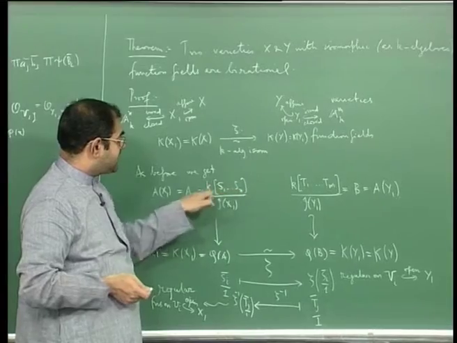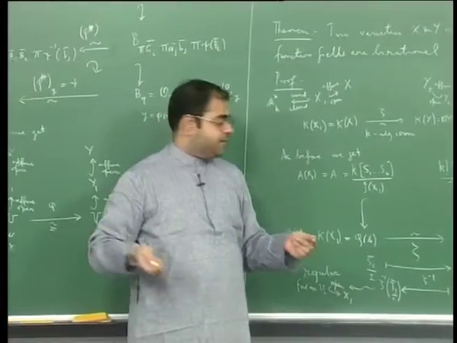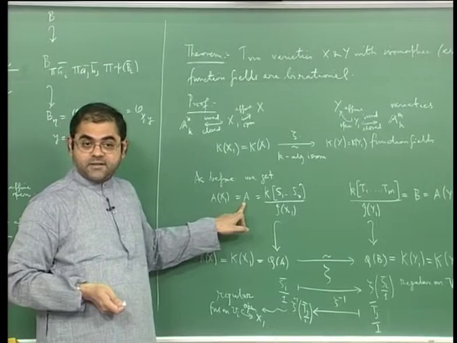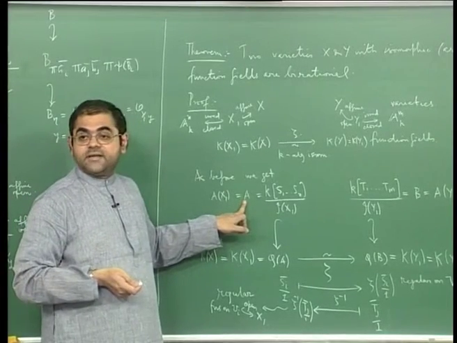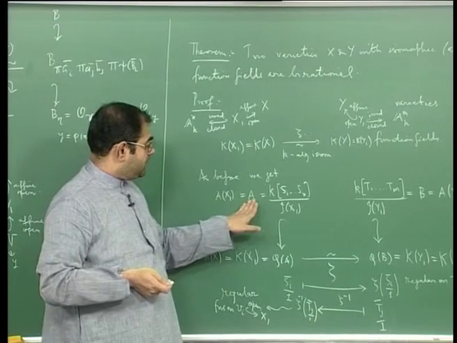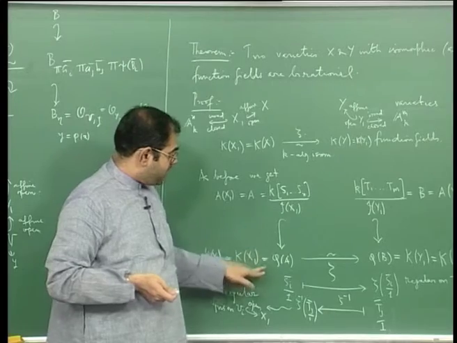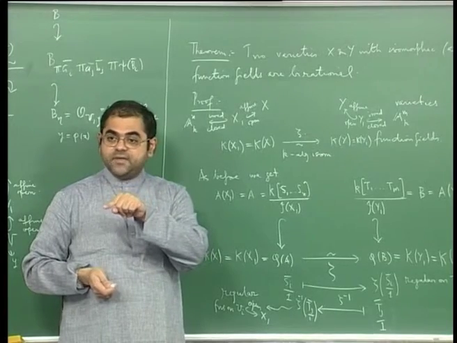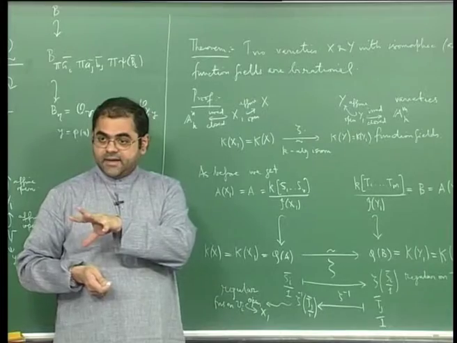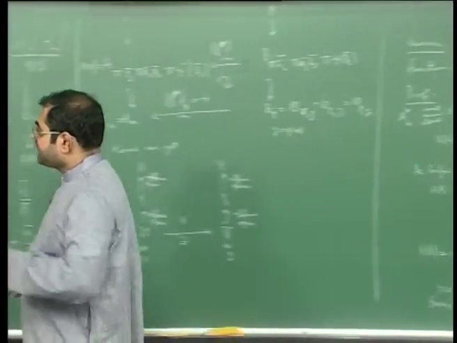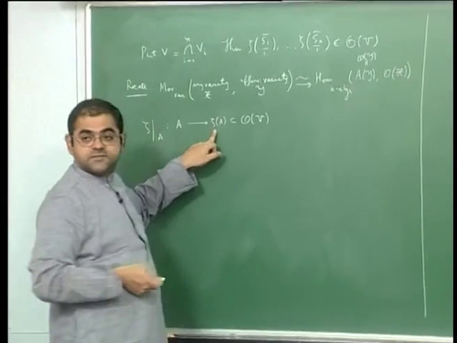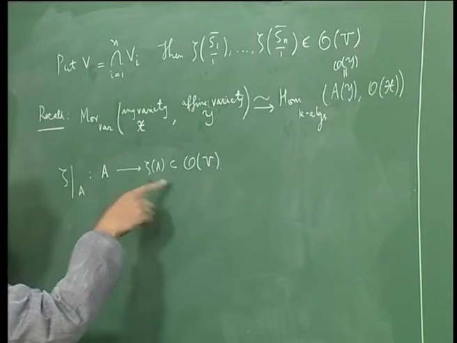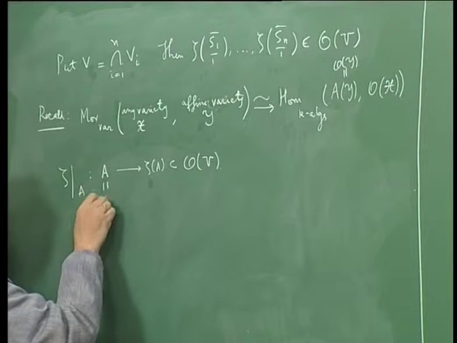The Si's generate the polynomial ring of affine space and their images, the Si bars, will generate A. Any element of capital A can be thought of as a polynomial in the Si bars, and therefore, all the Si bars, their images under zeta are all landing in the K algebra OV, and therefore the image of zeta will land inside OV, alright, and as a result you get a K algebra homomorphism from A, which is A of x1, to OV.